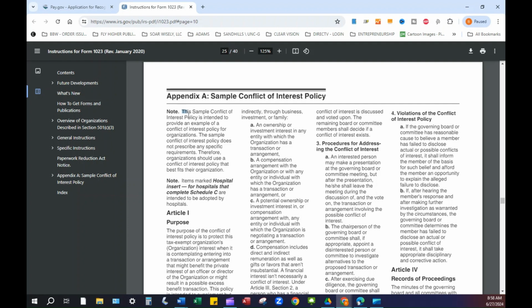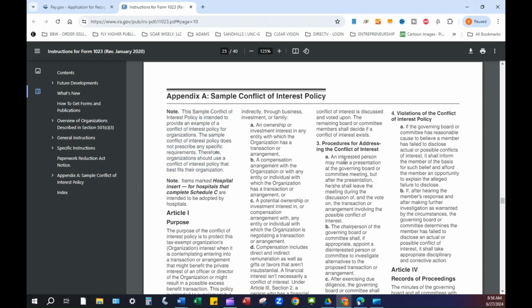But it says here this sample conflict of interest policy is intended to provide an example of a conflict of interest policy for organizations. The sample conflict of interest policy does not prescribe any specific requirements. Therefore, organizations should use a conflict of interest policy that best fits their organization. That goes back to what they were saying as I read earlier.